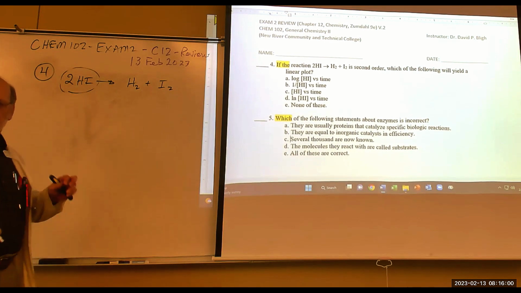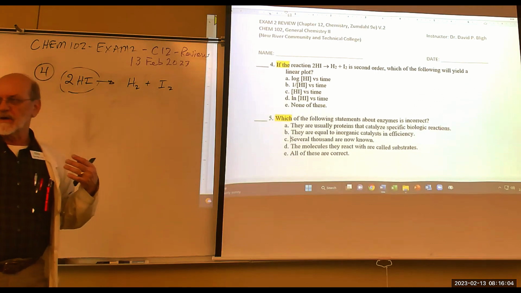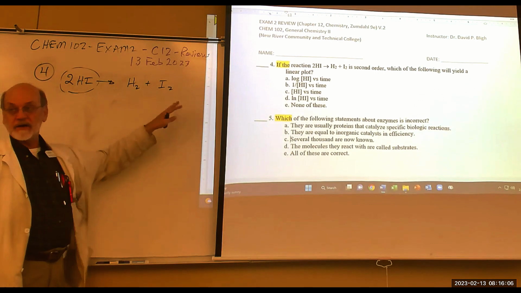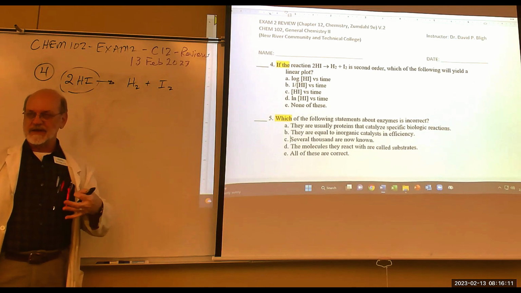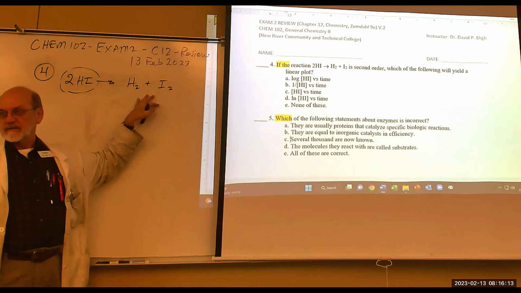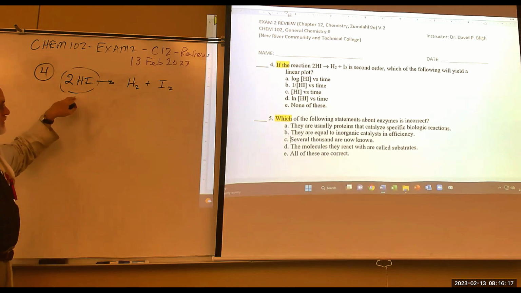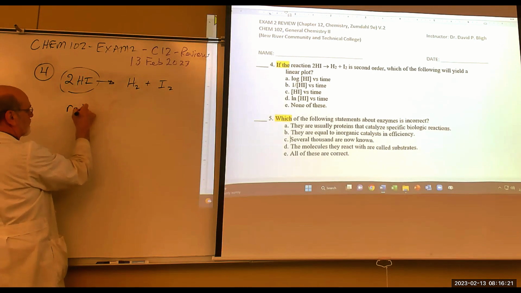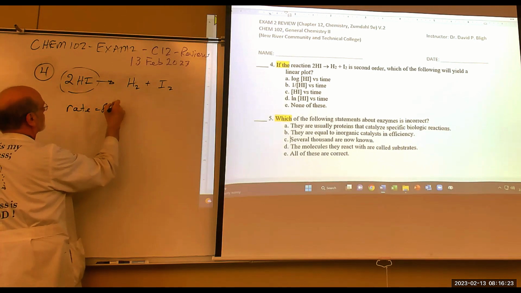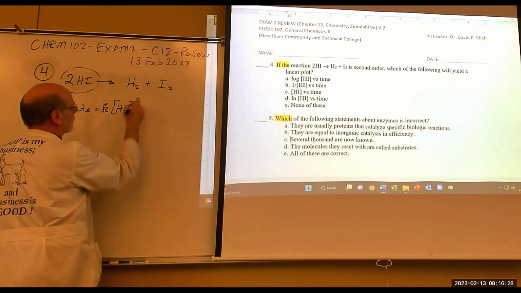Okay, we have one term. Remember, we typically describe reaction rates in terms of the reactants, not the products, because we're usually starting off at the very beginning when we don't have any products to interfere with the forward reaction. So in terms of this one right here, we have that rate equals k, HI to the second order.